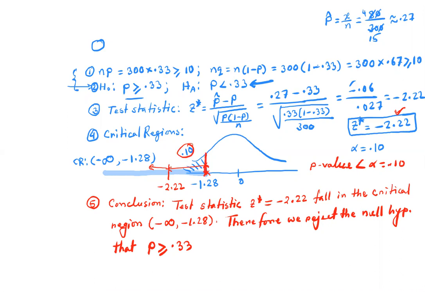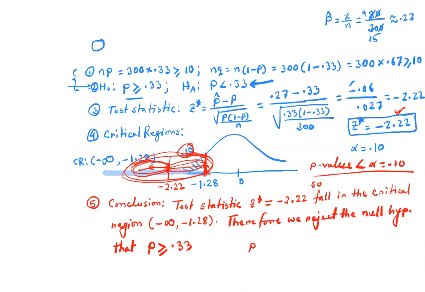Now the p-value is all the area to the left of this point. Of course, this is less than the whole, right? So alpha has additional area, which is this region. So the p-value is less than alpha, which is equal to 0.10.